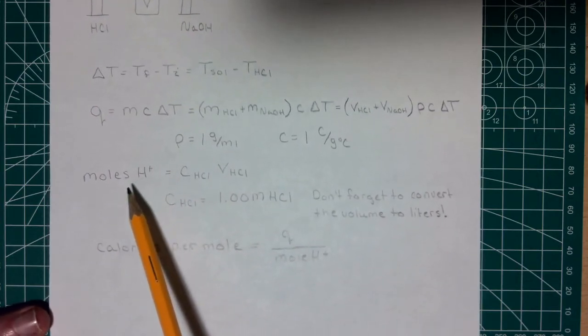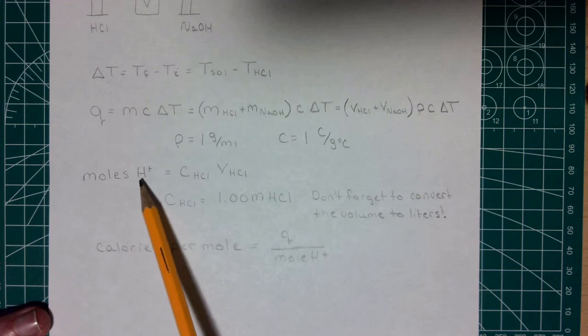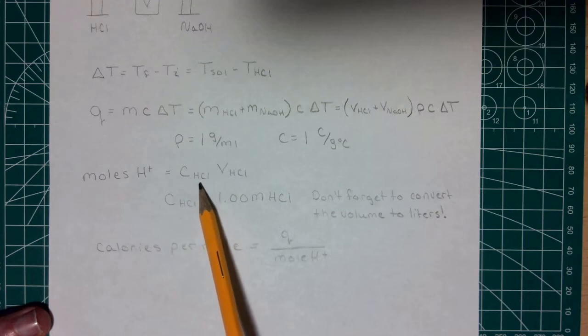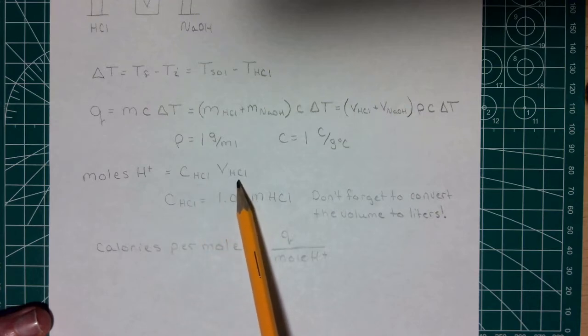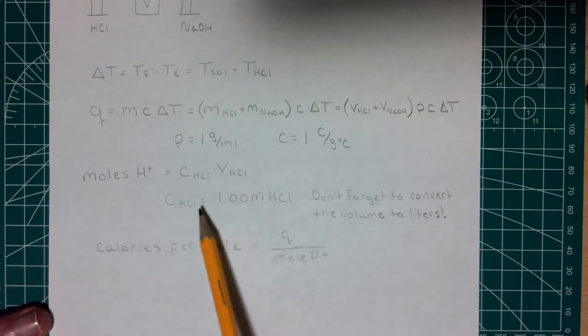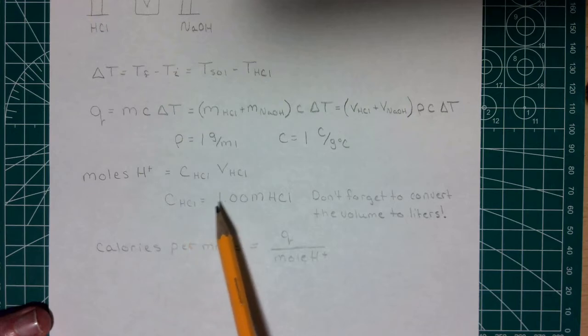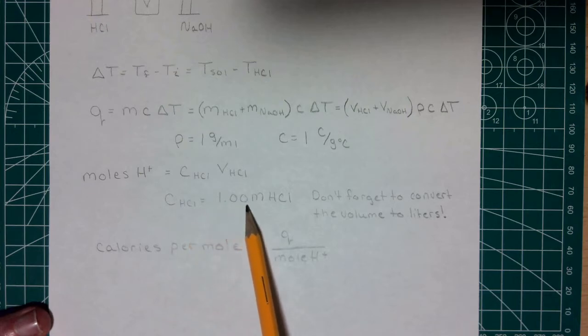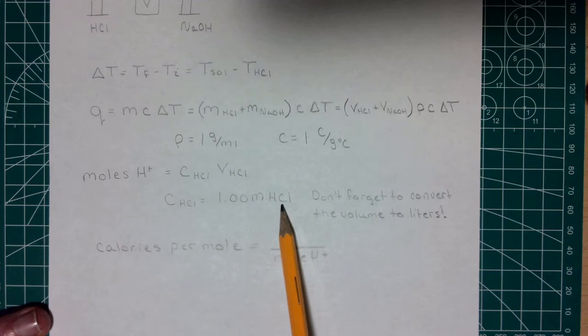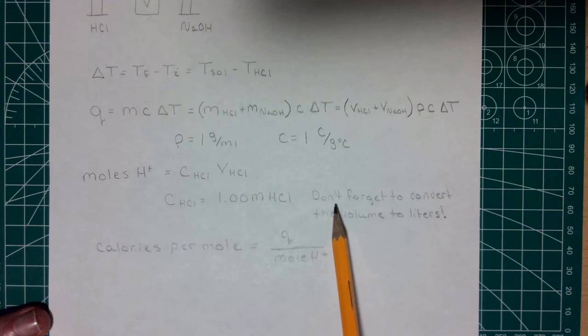After that, we need to figure out the moles of acid that we neutralize in this process. So that's going to be the concentration of the acid times the volume of the acid. The concentration of the acid is 1.00 molar HCl. That was in the experimental PDF for the experiment.